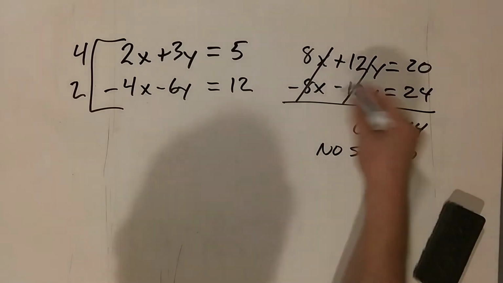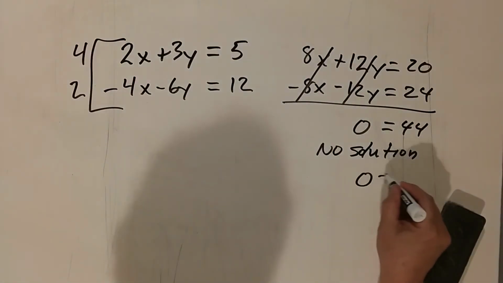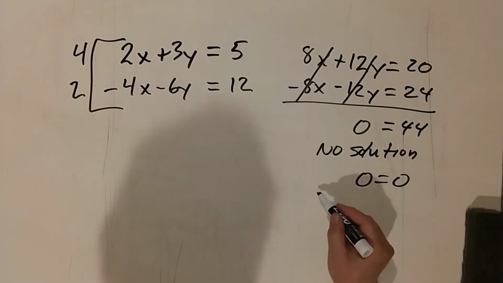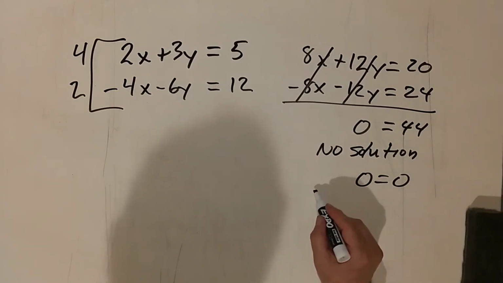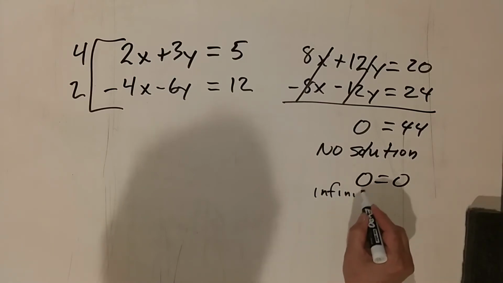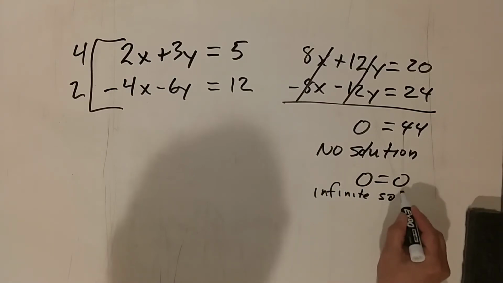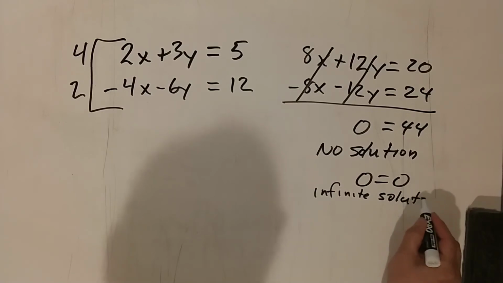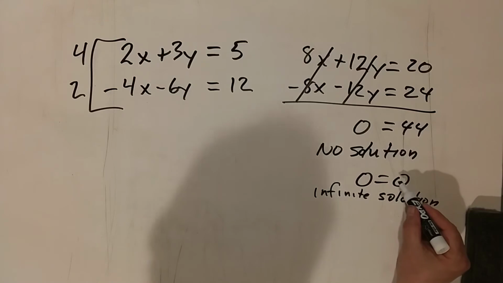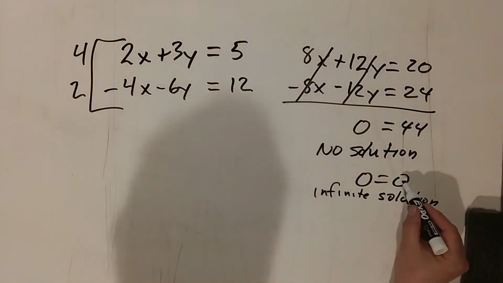If I cancel them out and I get 0 equals 0, then I have coincidental lines, and I have an infinite number of solutions. This means that the two equations were originally identical and not really different equations.